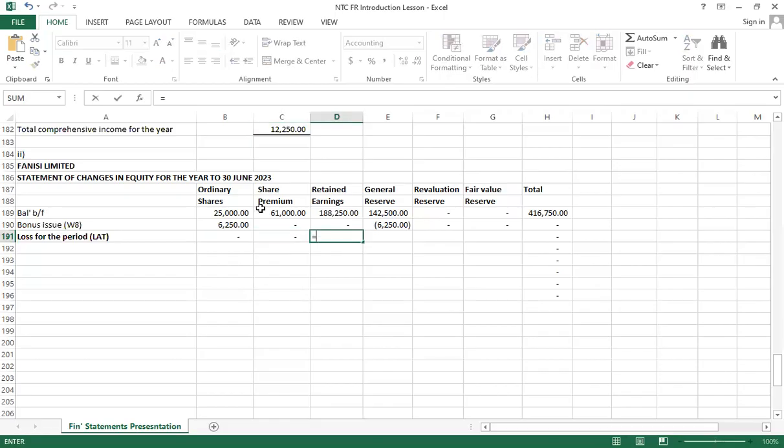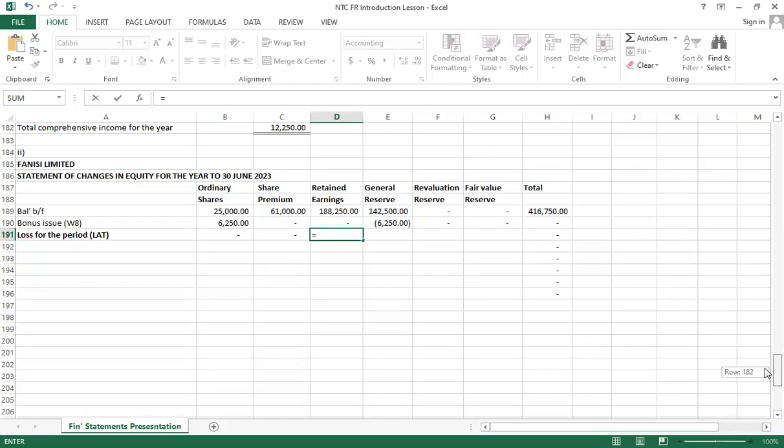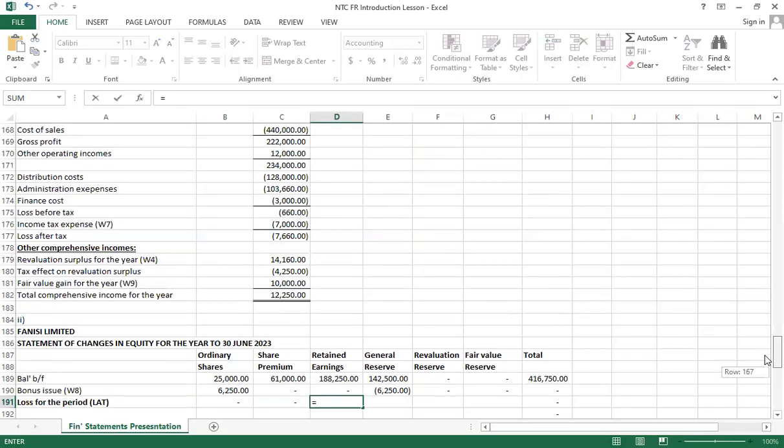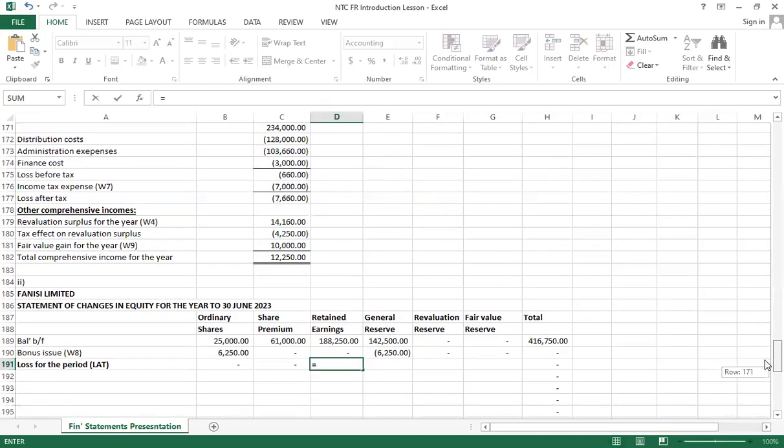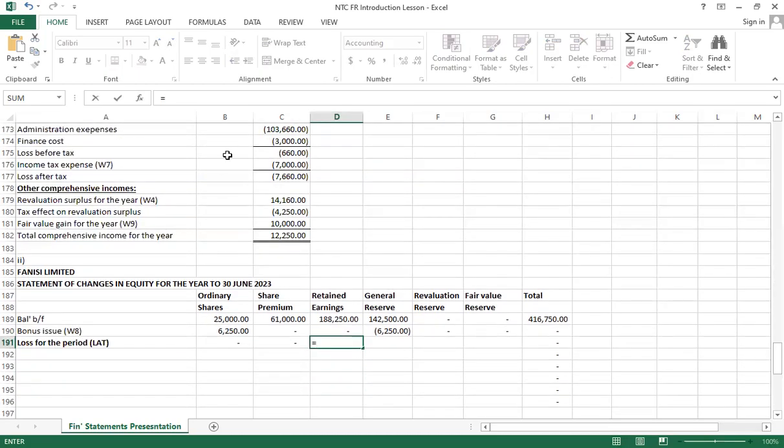Under retained earnings, the loss after tax, we have what figure? We go back to the P&L, where the loss after taxation was this figure, 76.60.